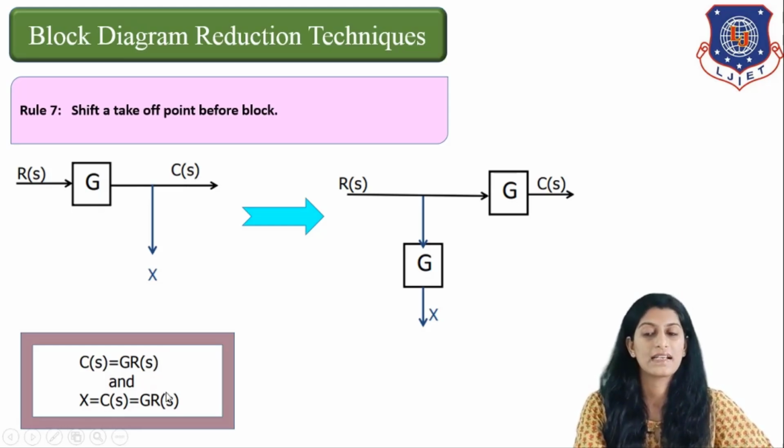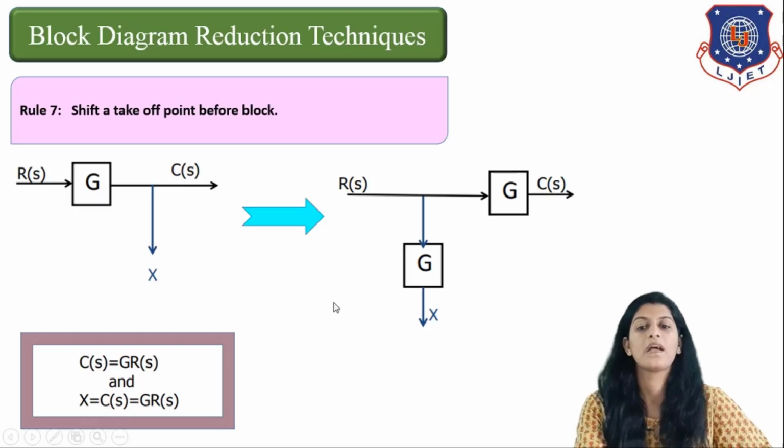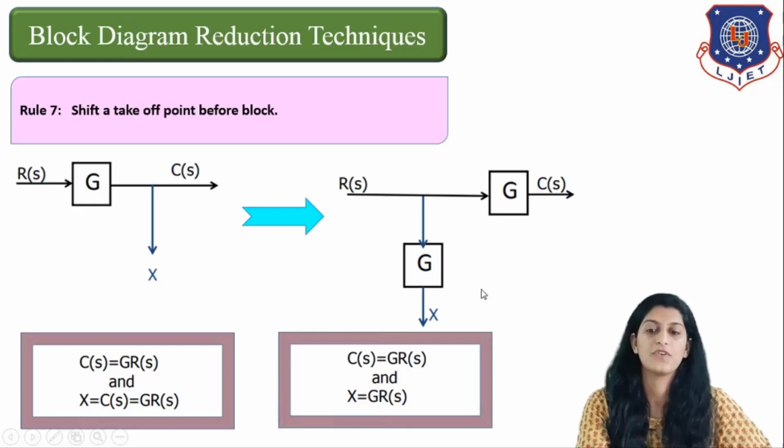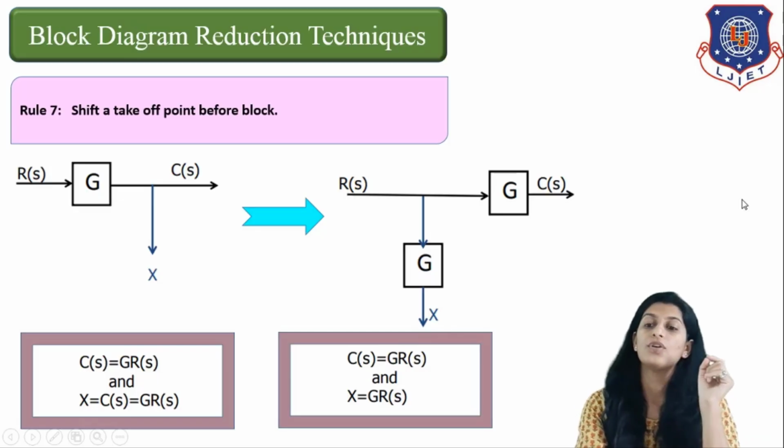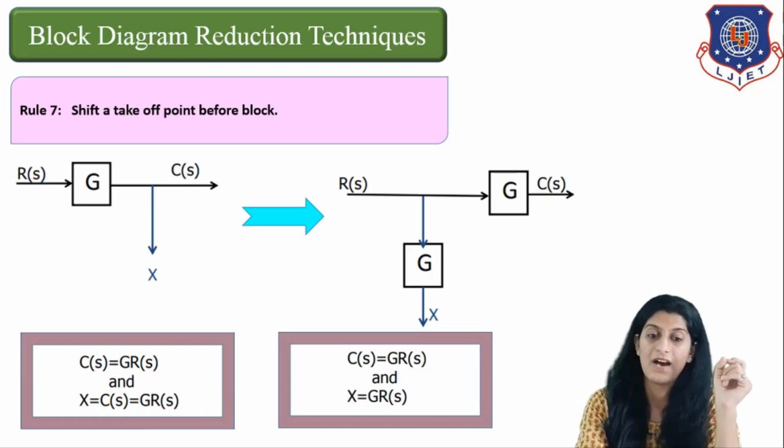And for this particular block also, if we want to write the transfer function, it can easily be written as C of S equals G into R of S, and similarly X of S equals G into R of S. So this is about the point which is known as the takeoff point, and how to deal with it.